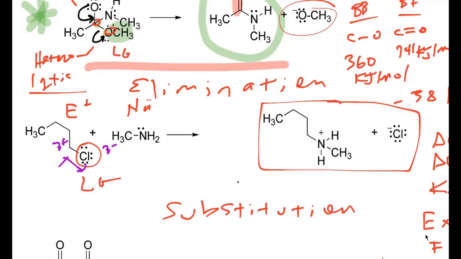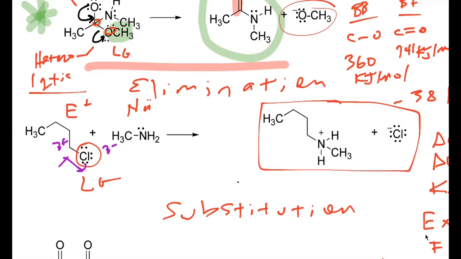If you can grasp the polarization part, this becomes so easy because all of a sudden now you're just looking for where the reaction is going to happen. Anytime you're dealing with nucleophiles and electrophiles, what you're looking for is where is my polarized bond in the electrophile. Once I find that, I know exactly where the nucleophile is going to attack, even if I don't have the products. I know that the nucleophile is going to attack at that partially positive carbon.